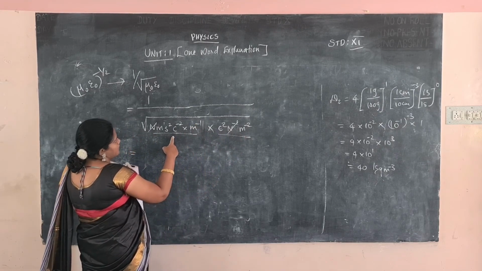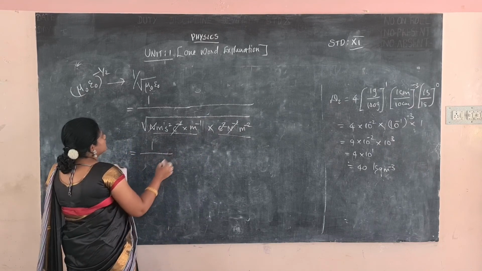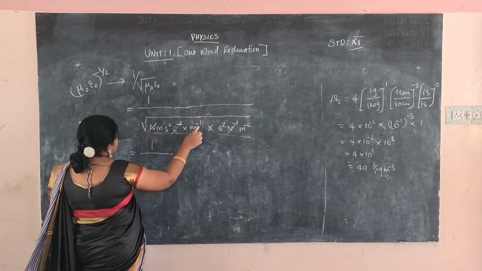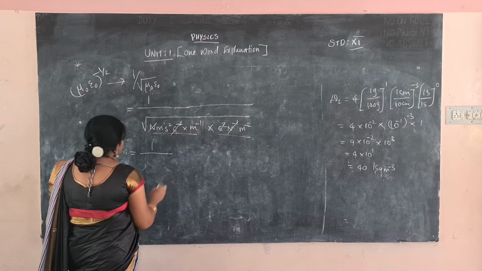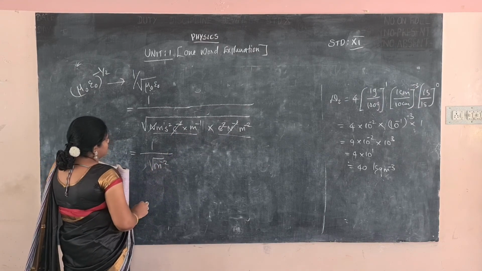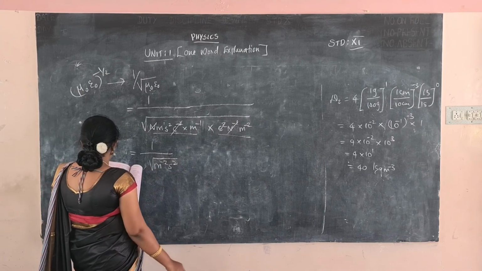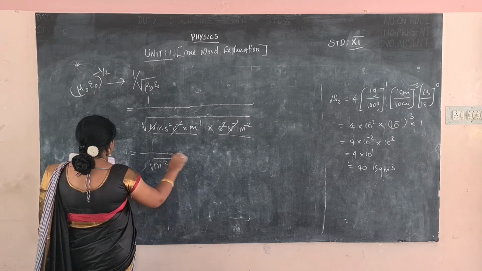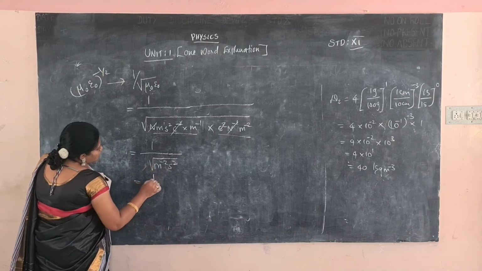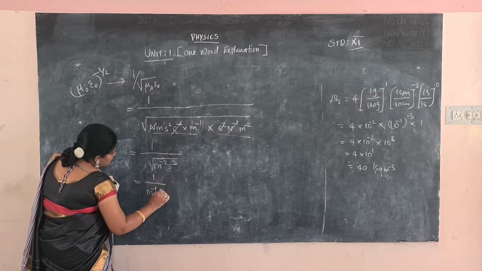Then second power minus 2 and plus 2 will be cancelled. Remaining meter power minus 1 and plus 1 will be cancelled. So the square root of meter power minus 2 and second square. Taking the square root, we get meter power minus 1, second s.